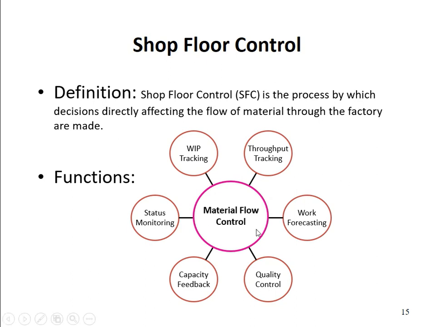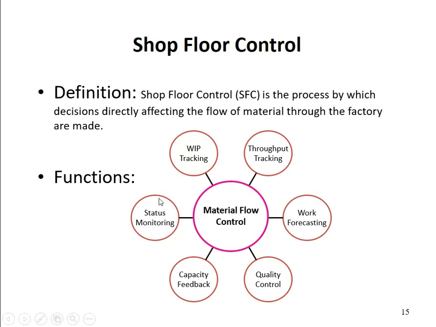These are the functions of material flow control. Throughput is the maximum amount of moving or transportation of materials. Here we need to do scheduling or work forecasting, control the quality of the material, and get capacity feedback, how the lot went after production.